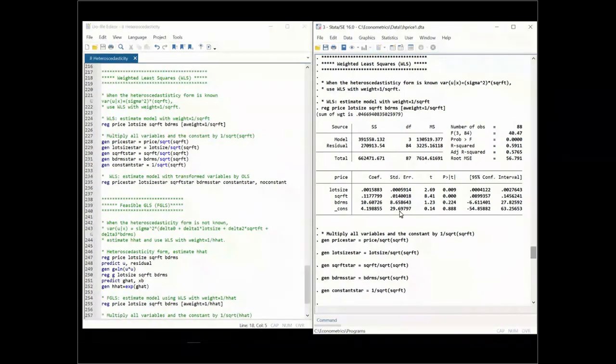So another way, this is the preferred way, of course, to implement weights, but another way in which we can implement it, we can divide each variable by the square root of the square footage. So here the weight was 1 divided by the square footage, but we need to divide each variable by the square root of the variable.